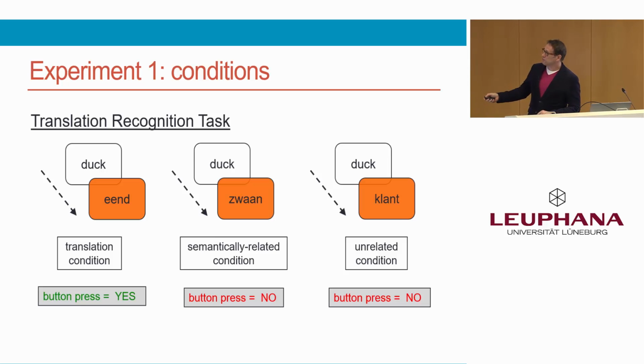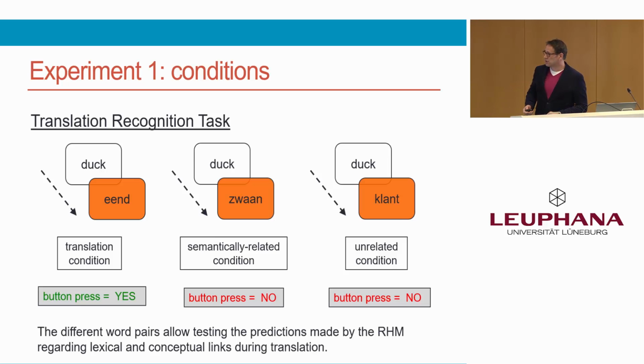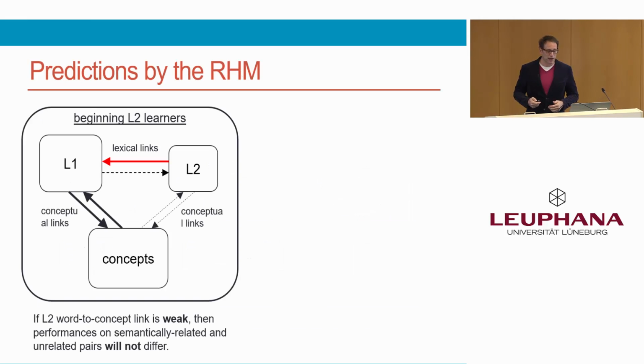Now, why are these 2 the relevant conditions or the critical conditions? Well, they allow testing the predictions by the RHM. How so? If I'm affected by semantically related words, I have to have accessed the concept. Otherwise, the semantic field will not have been accessed, okay?